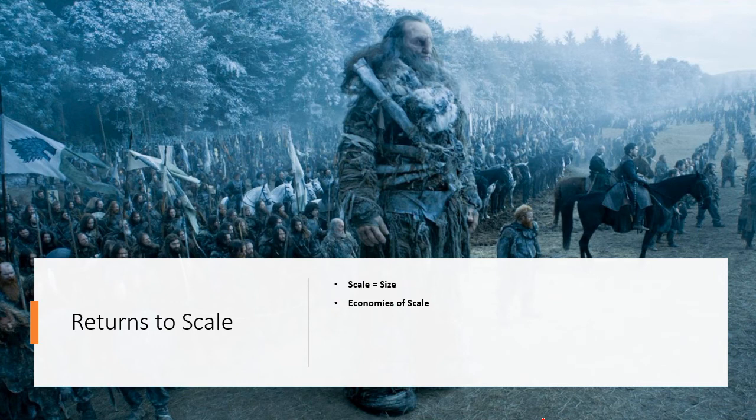Let's compare UNLV with Nevada State College. Both schools have one president, but UNLV has 30,000 students and NSC has 10,000 students. Really, probably not that many, but let's just say 10,000 students, just for fun. Our presidents cost $300,000 a year.